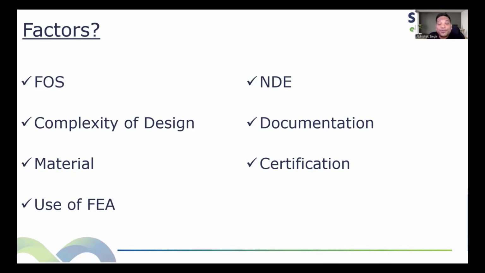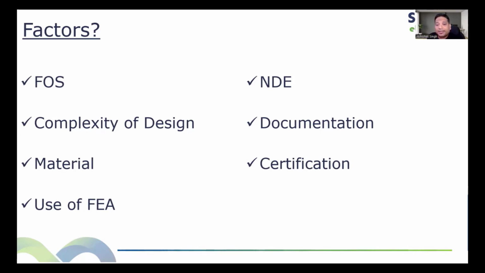So UDS is nothing but user design specifications. Any input which is provided to you, that also needs certification. But not always. So we'll talk about that also. Certificate of compliance, very good. So these are basically the factors which we will be talking about.